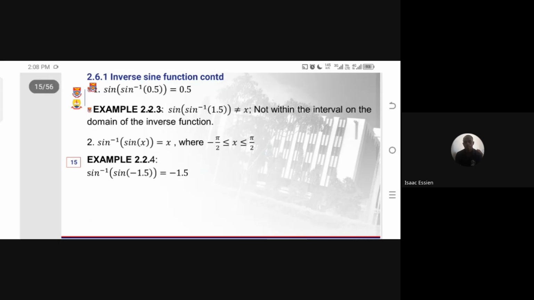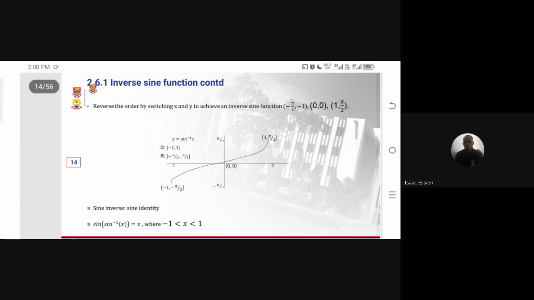Let's look at something here. Whenever we say that sine of sine inverse of x should give you x, there is a caution, a clause. The x value should lie between -1 and 1. Ideally it should be less than or equal to, but they did not write it that way. So the x value should be between -1 and 1.